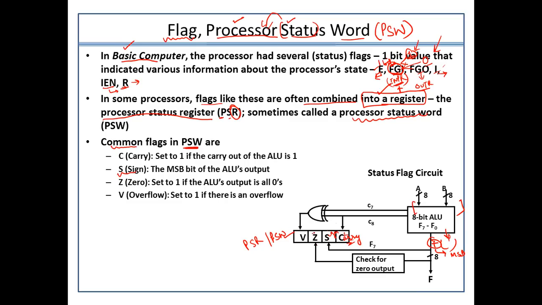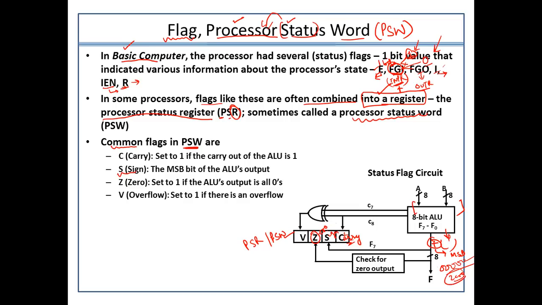Then there comes Z. It might be the case that while executing the instruction, I got 0000 as the output, meaning all zeros. When 0 is the resultant, there is a flag, Z, which stores that the output comes as 0, right?